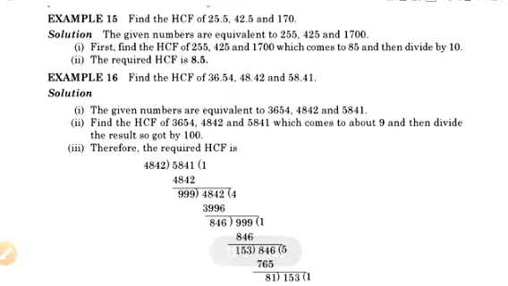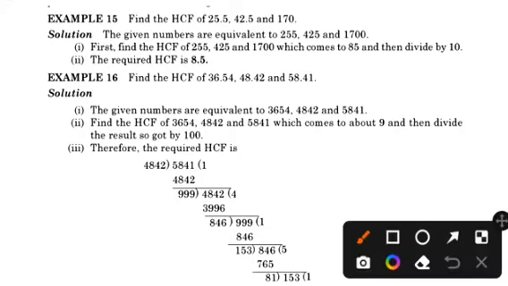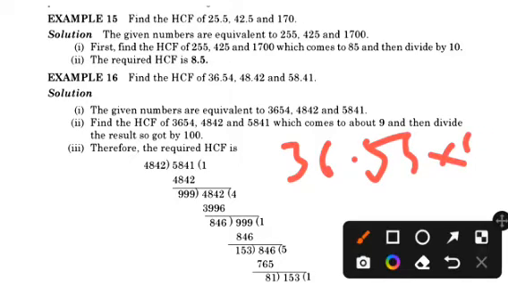Okay, in example number 16, we are required to find the HCF of 36.54, 48.42 and 58.41. Now we are given three numbers and all of them have decimals. In order to eliminate the decimals, we have to multiply each number by 100. Like 36.54, if we multiply it by 100, we get 3654.